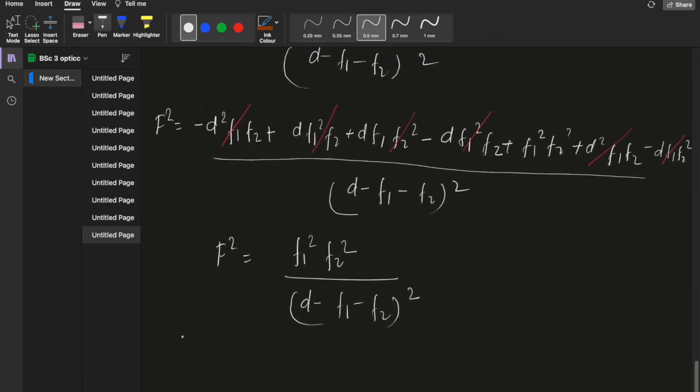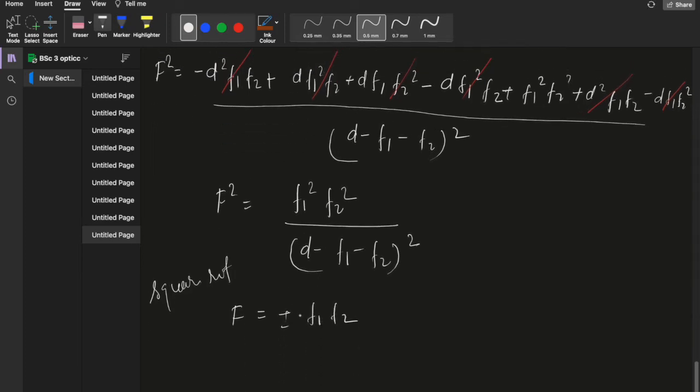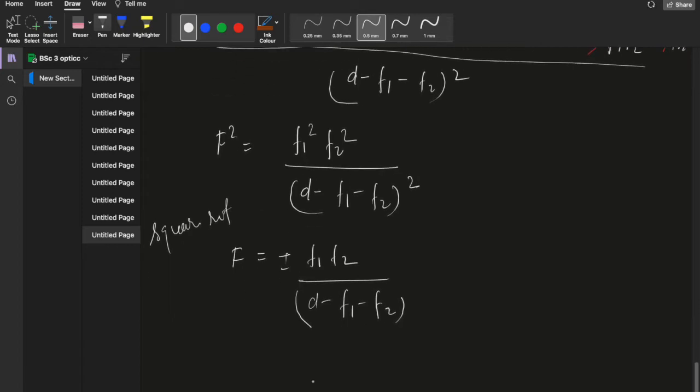On taking the square root, plus minus value of F1 F2 upon D minus F1 minus F2. We will only take the positive value.